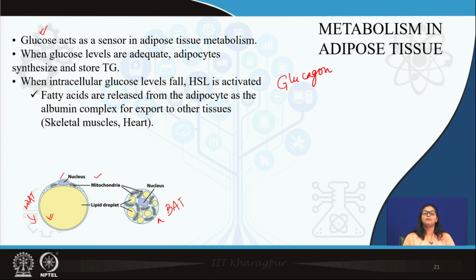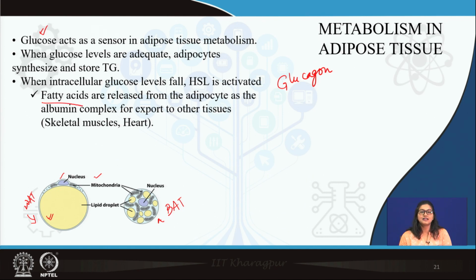Now hormone sensitive lipase, if you remember the function, it basically phosphorylates the perilipin, the outer layer of the lipid droplets, and this perilipin phosphorylation makes the lipid droplet available to the lipases, and those lipases break the triacylglycerol to free fatty acids.